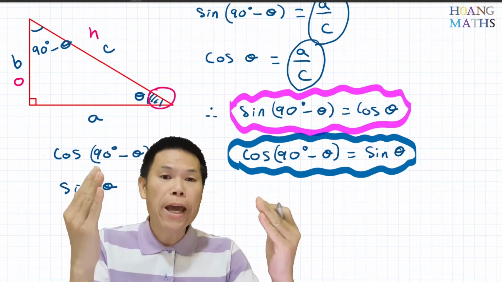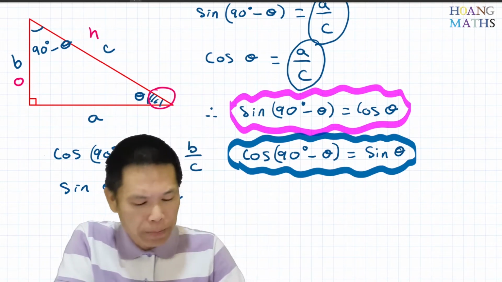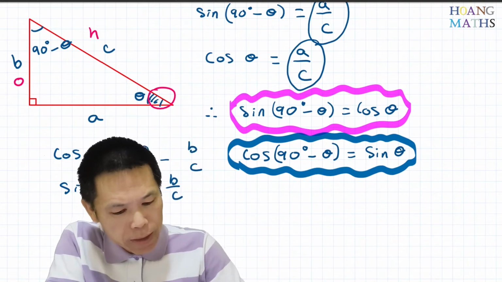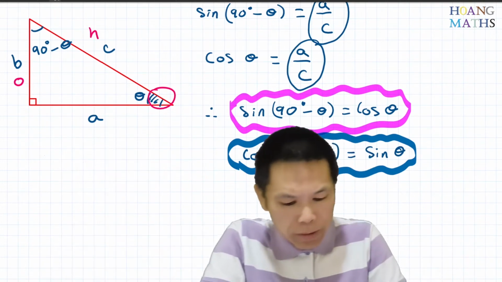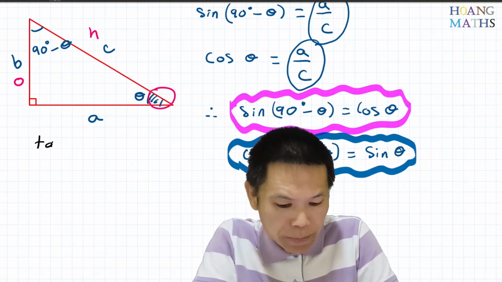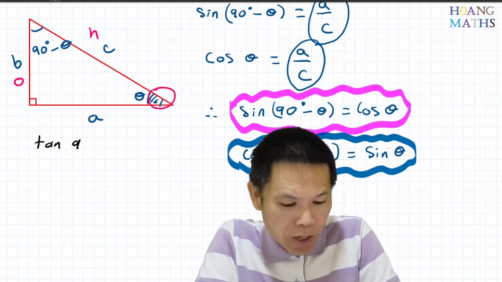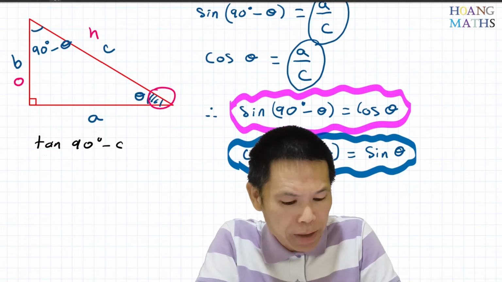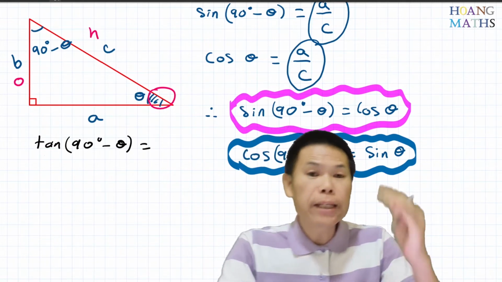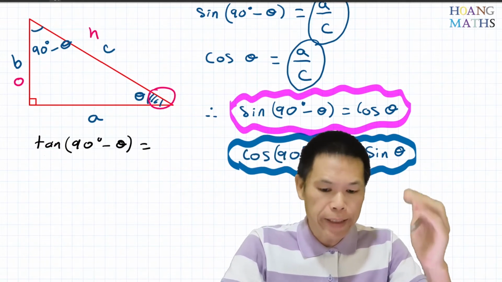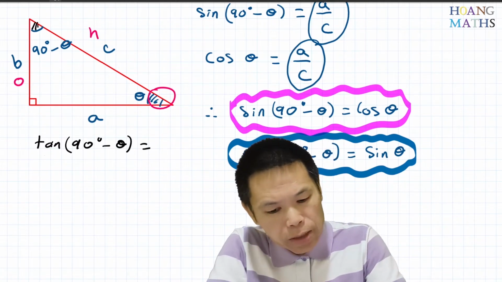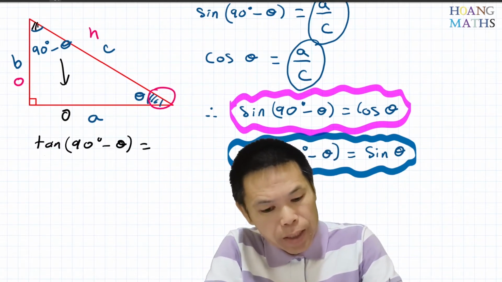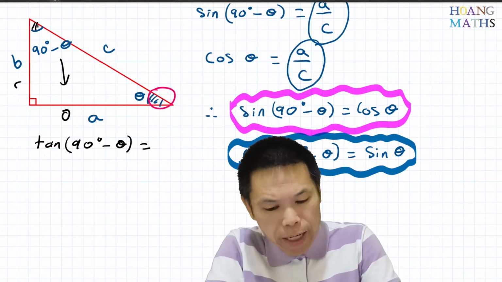So let's work out tan of 90 minus theta. Let me clear this first. Tan of 90 degrees minus theta. Now tan is opposite over adjacent. So for this angle here, this is opposite and this is adjacent.